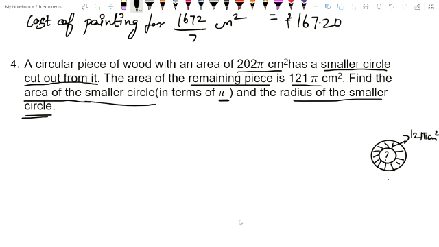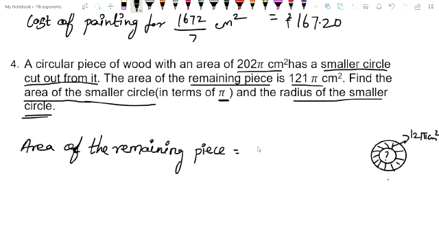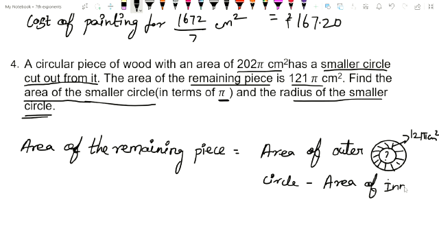So, area of the remaining piece is equal to area of the outer circle minus area of the inner circle.